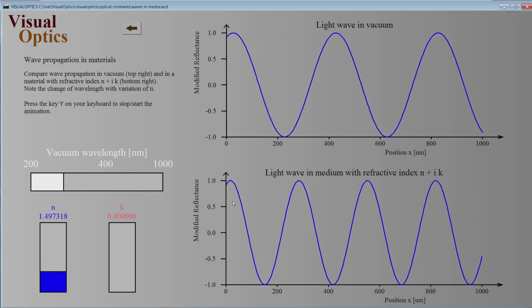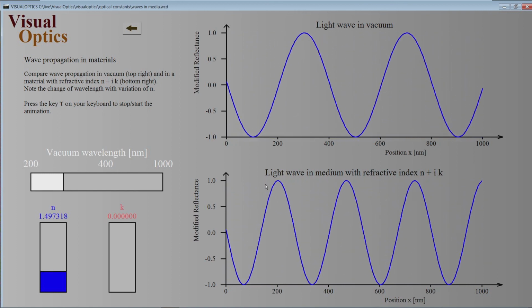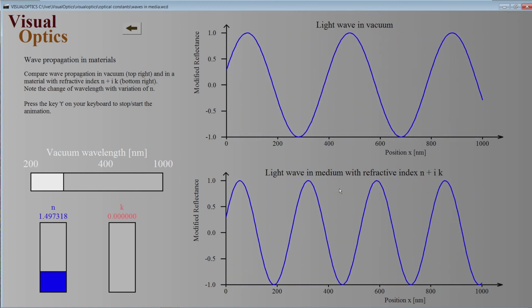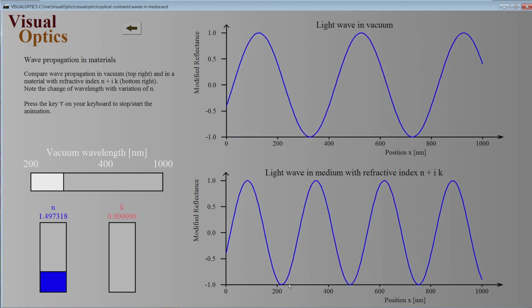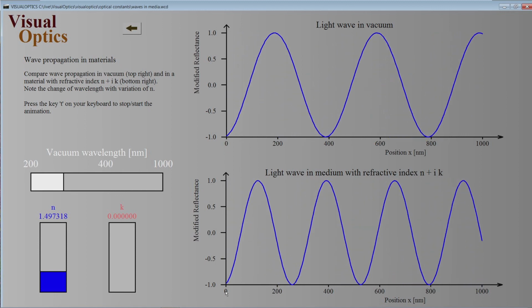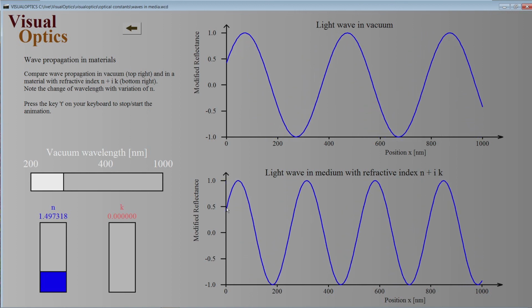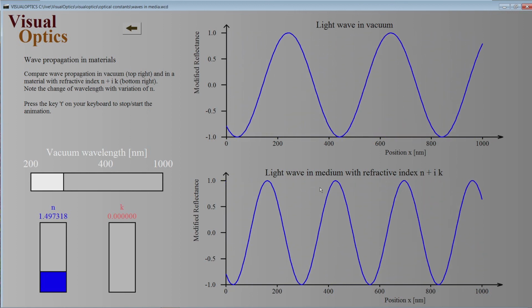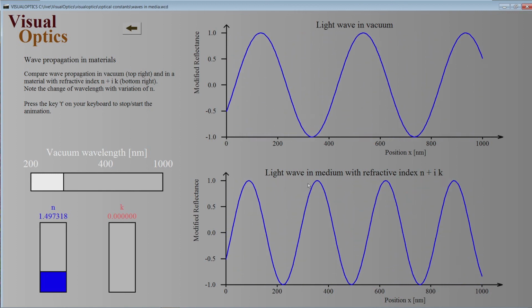And what you see here now are two things. Basically, we can stop the wave, and what you see, the wavelength here is not 400 nanometers anymore. It's significantly smaller, and since the wave is still generated with the same frequency here, and the wavelength is smaller, the speed of light is also smaller.